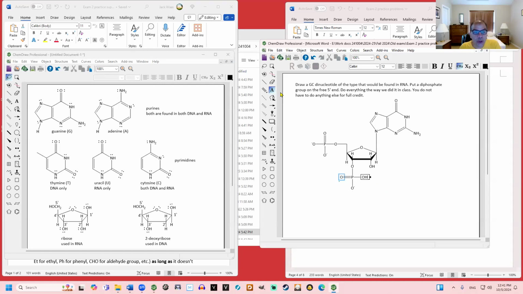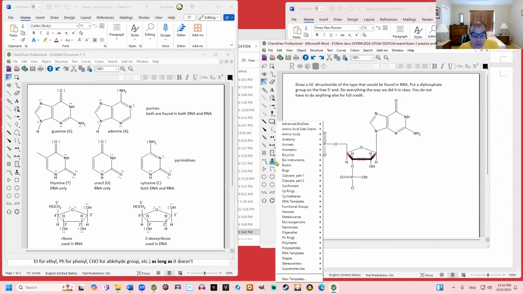I'm just going to put OH for now, but that's destined to become an oxygen-carbon bond. That oxygen on the phosphate group is now connected to the CH2 of the next ribonucleotide.